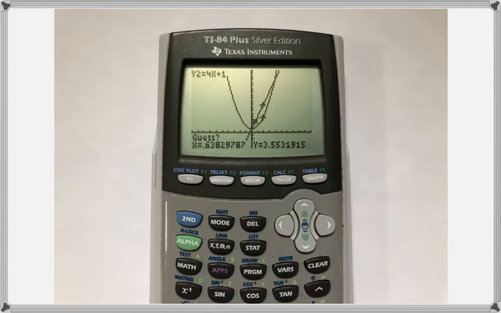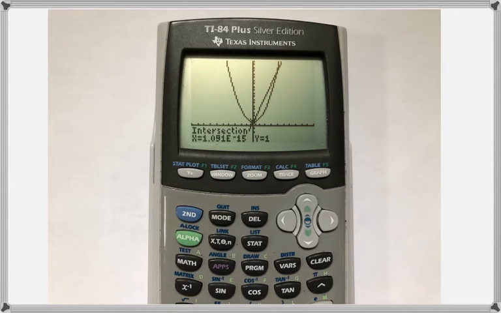Now the guess is significant here because I want to figure out what this one is first, so I want to make sure my guess is closer to that than it is to this one. So as long as it's closer to that first one, and then press enter, then we get the intersection point here. And this just means 0, so my intersection point is 0, 1.